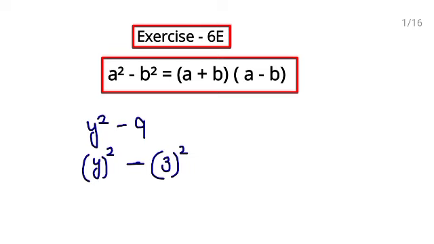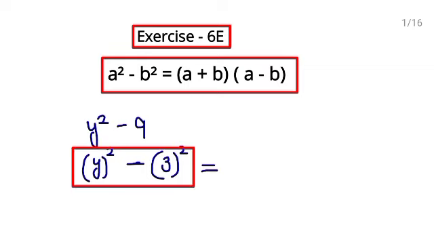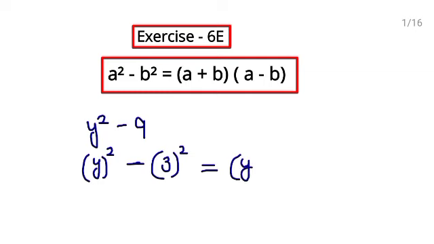So this is the difference of squares. Now this is in the form of a square minus b square, which is equal to a plus b into a minus b. What is a here? y. What is b here? 3.